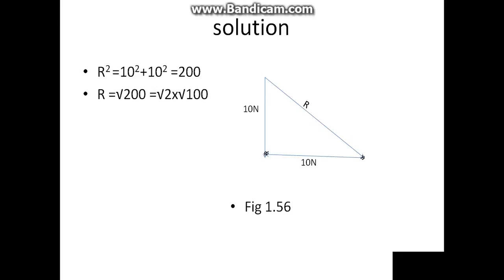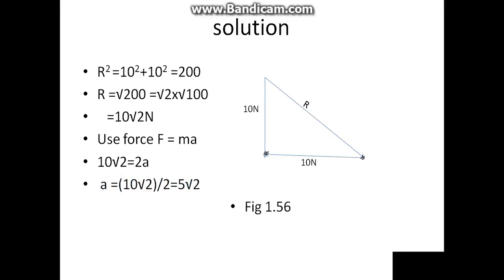Using the force formula, F equals ma, we have already gotten the resultant force, which is 10 square root of 2, equal to 2, the mass of the body, times acceleration. Since we are looking for the magnitude of the acceleration, we make a the subject of the formula.